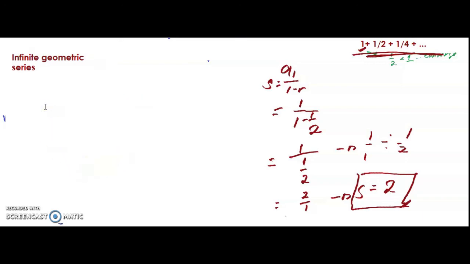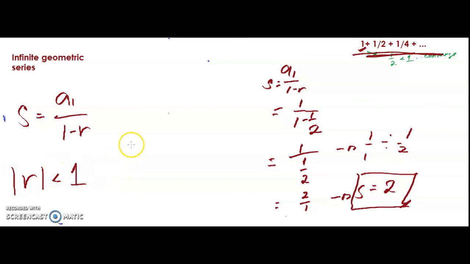So the formula is what we did earlier: S equals the first term over 1 minus r, wherein the absolute value of r is less than 1.